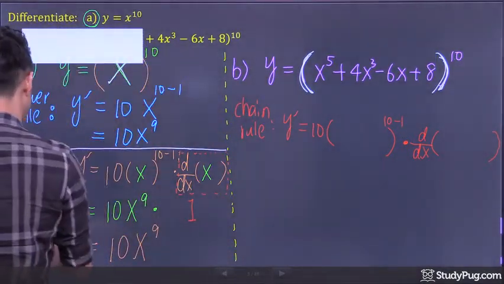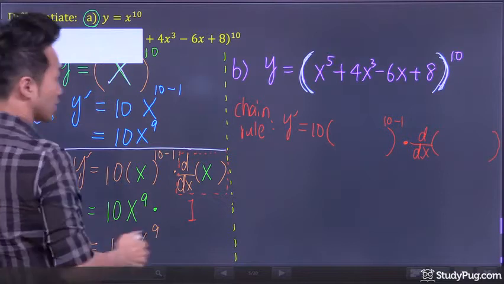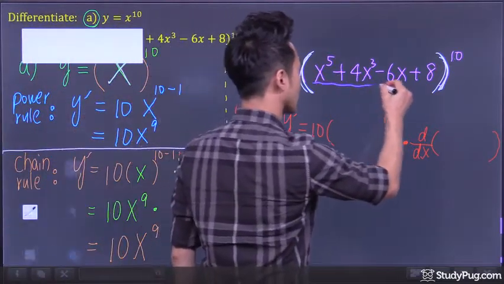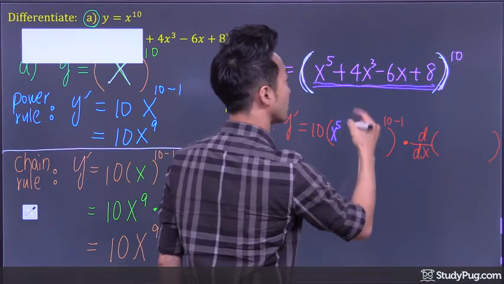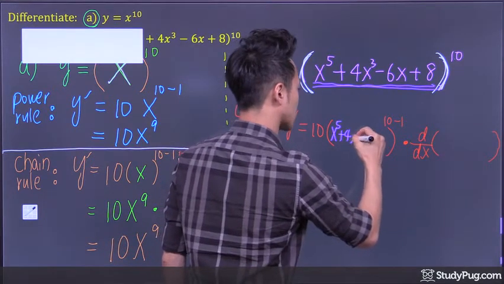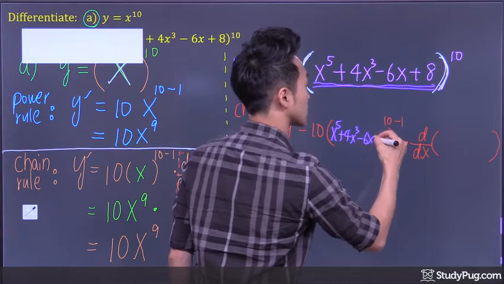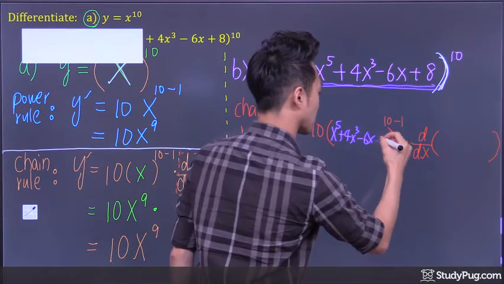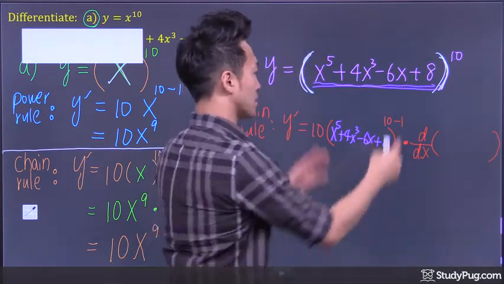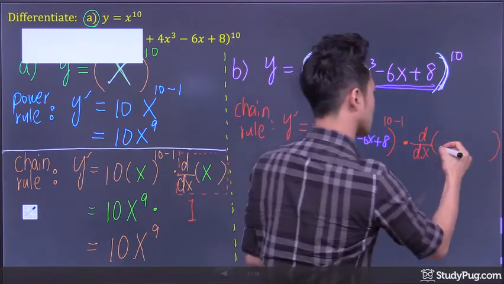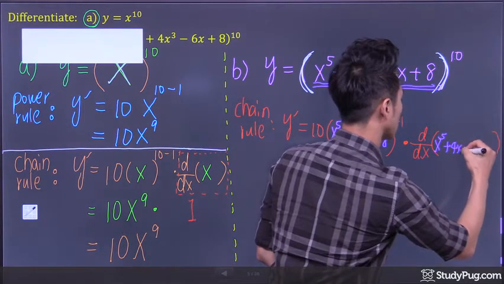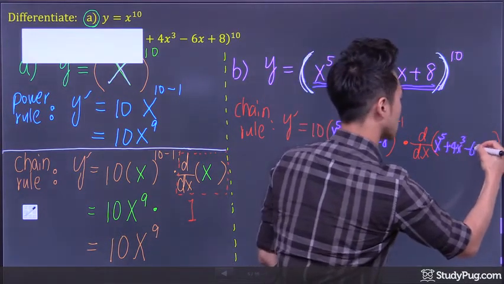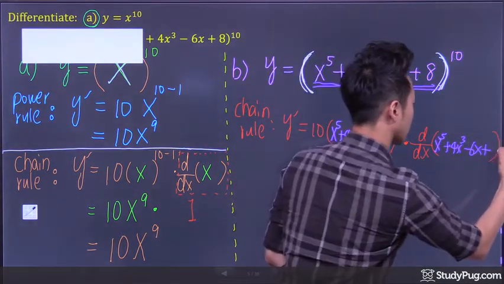So turns out the thing inside the bracket is this guy right here. Okay, so it's x to the power of 5 plus 4x cubed minus 6x plus 8, right?